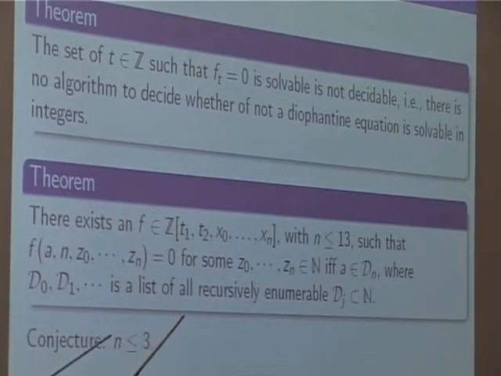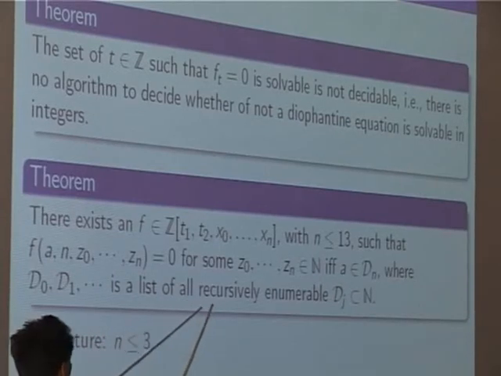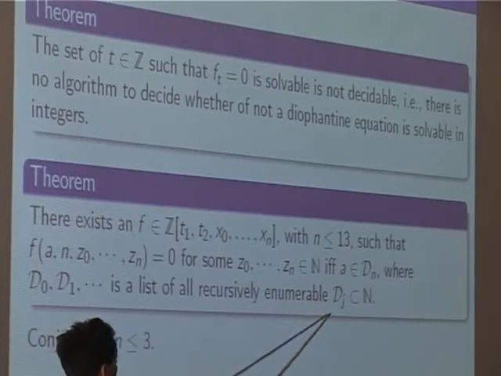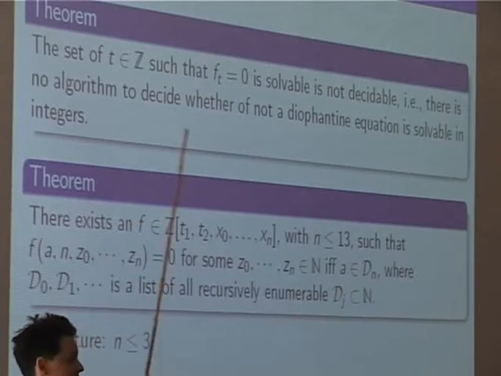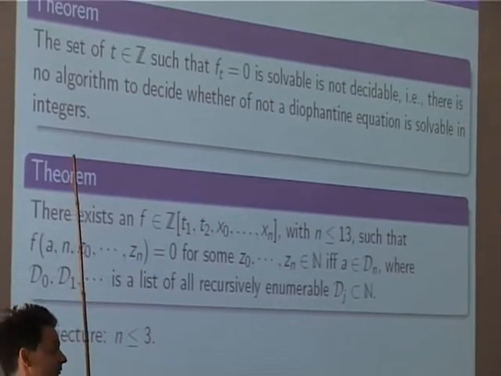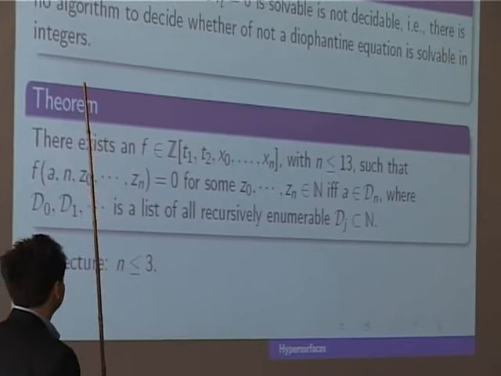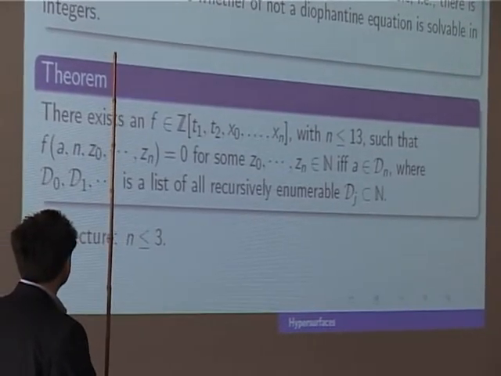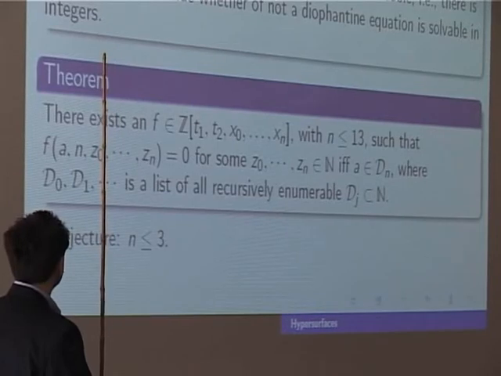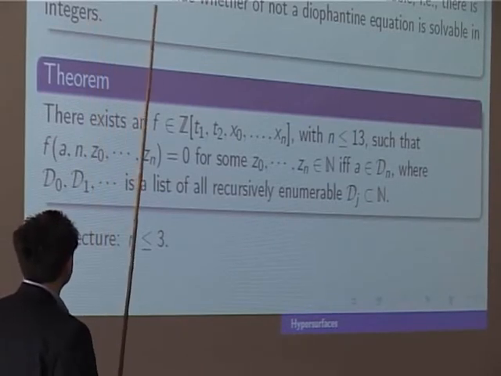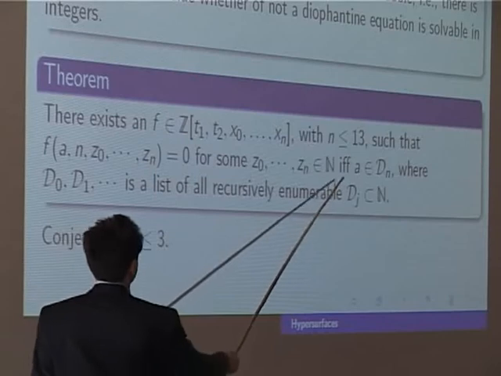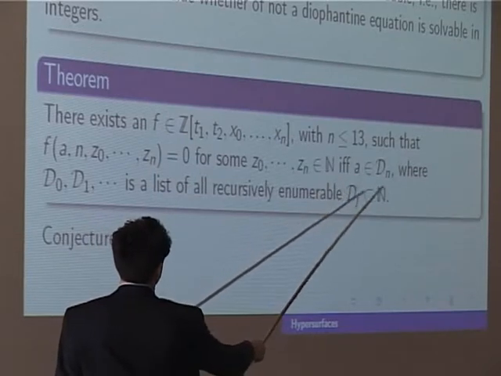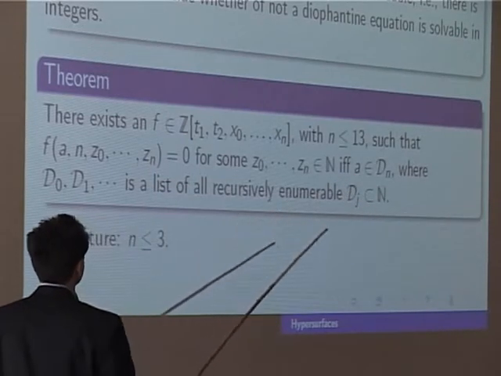Now, you look at all recursively enumerable subsets of the natural numbers, like, I don't know, prime numbers or some other subsets you design. And then you want to answer the question: when is a positive integer in one of these subsets?